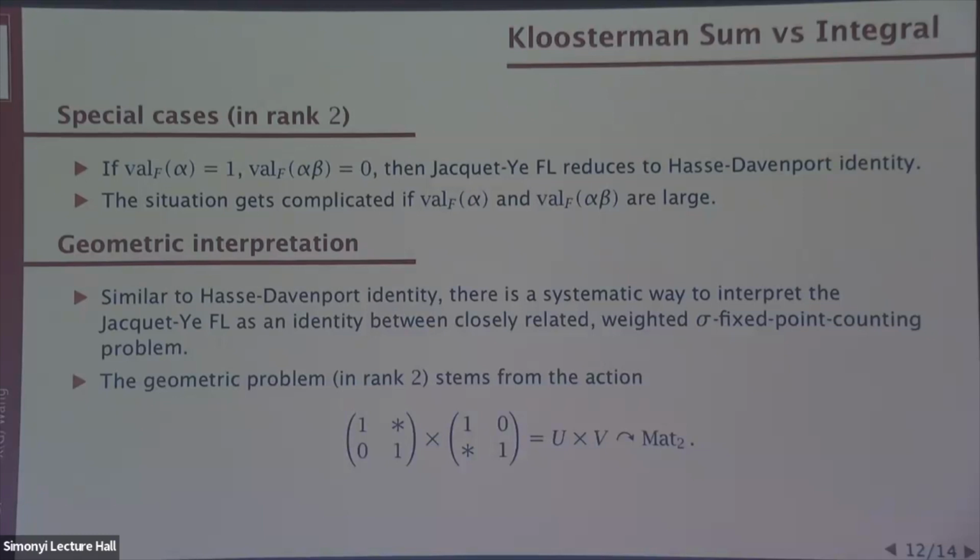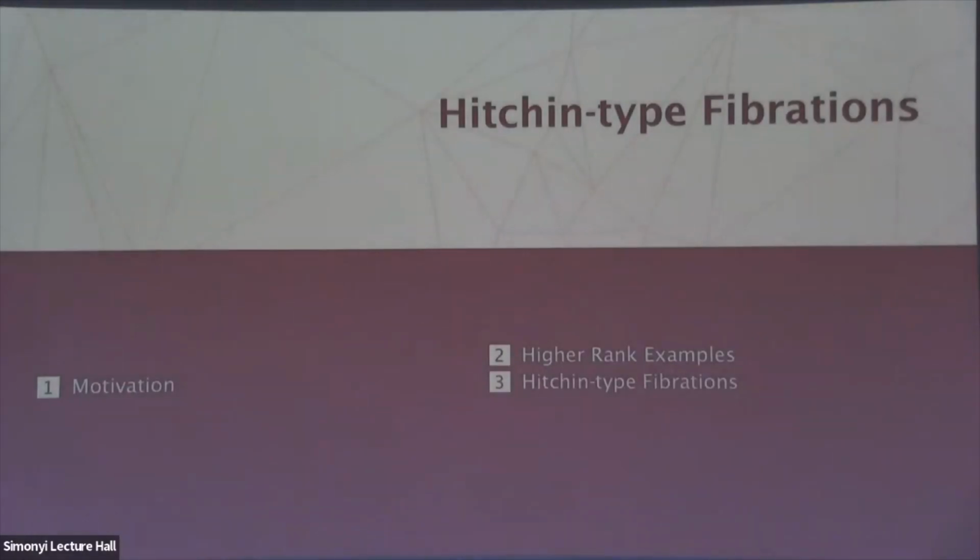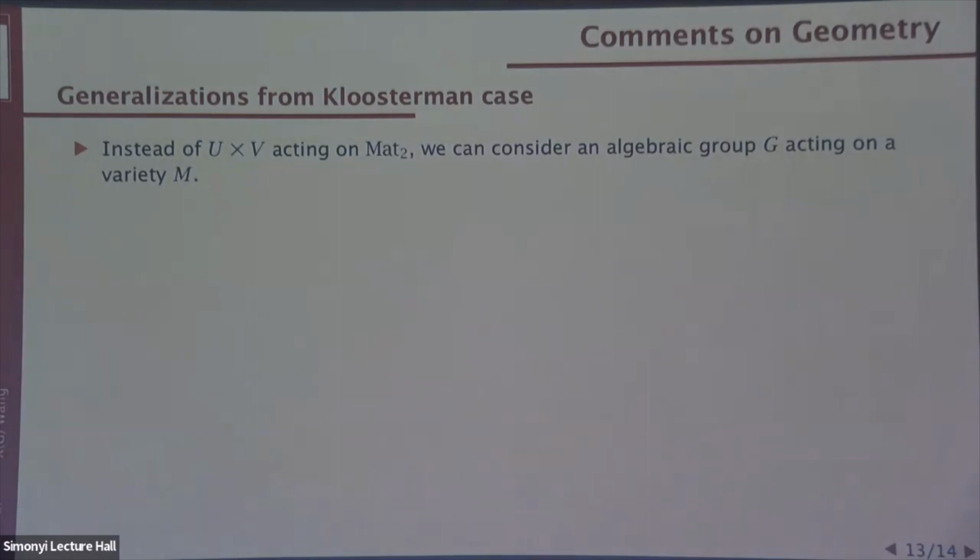So this is kind of the start of the thing. And this leads to the definition of Hitchin-type fibrations. From what we're seeing in the Kloosterman case, we are looking at this U cross V matrix group acting on 2 by 2 matrices, but we don't have to restrict to this case.